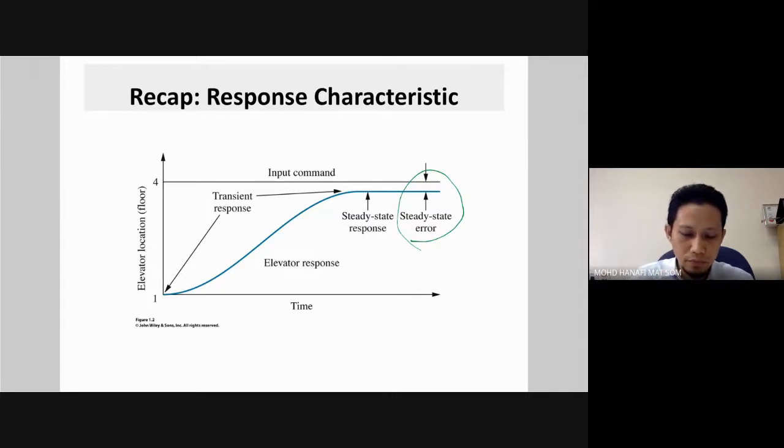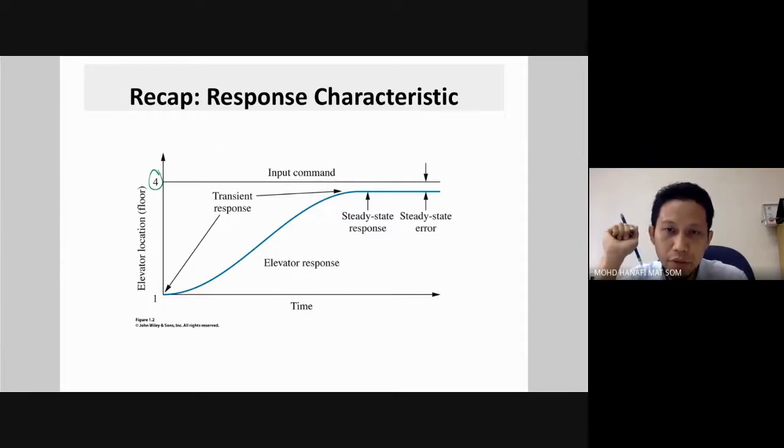For example, we want to go to the 4th floor. You press the button 4 on the elevator, and you expect to go to the 4th floor exactly, so the level of the elevator is the same as the floor. When you walk out, there shouldn't be any difference between the floor and the elevator. It should stop on the same level.